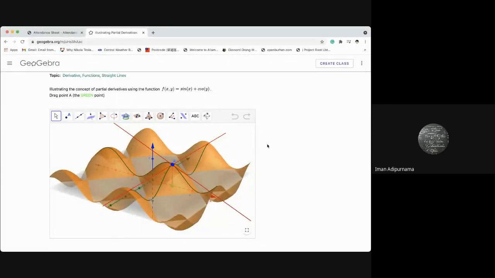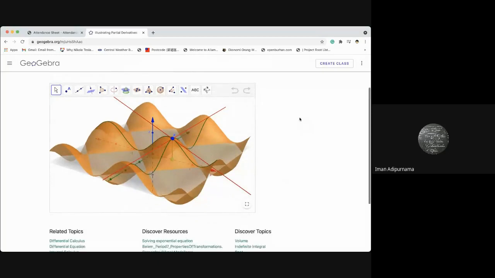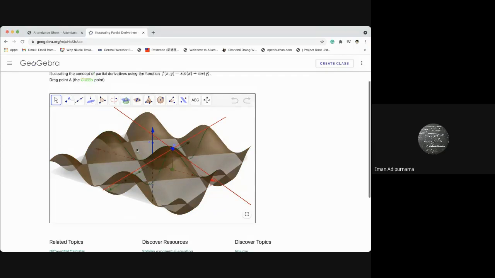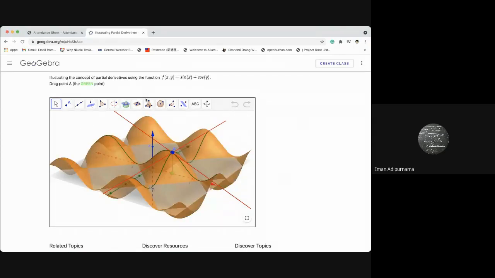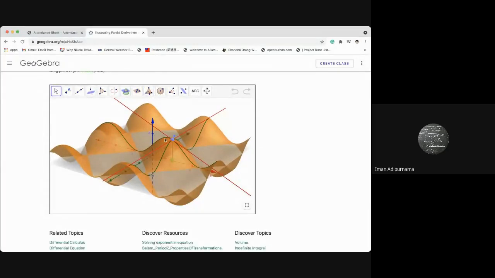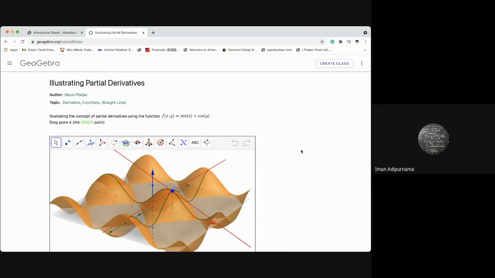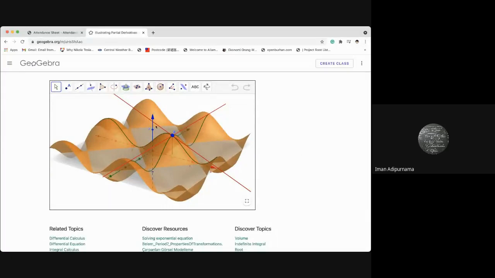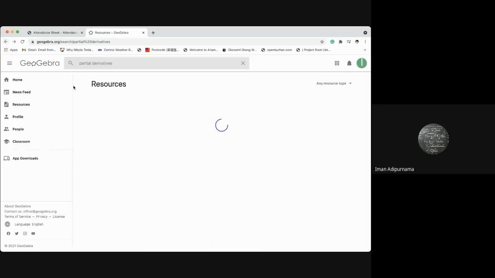Okay, if you check GeoGebra and find some graphs, you can see partial derivative illustrations, like for example this one.